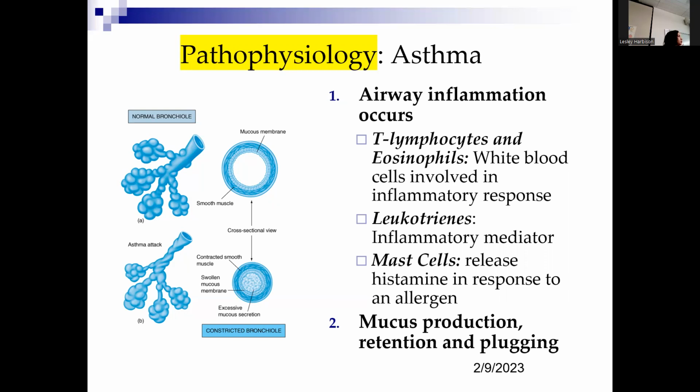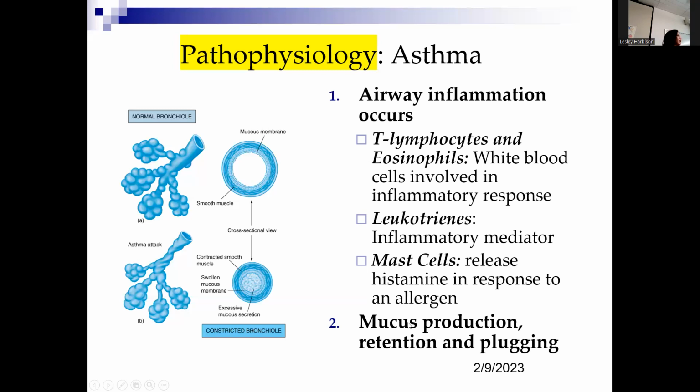These are all overreacting, leukotrienes, and then mast cells. So if somebody's asthma is triggered by dust or some kind of irritant, then these things are going haywire. So that's the first step. We have airway inflammation. So you want to know these steps.